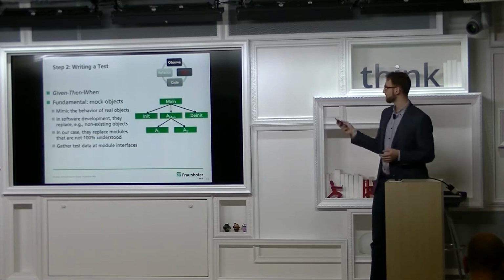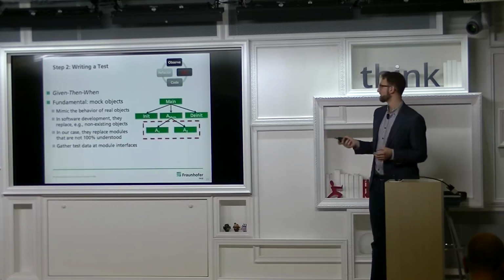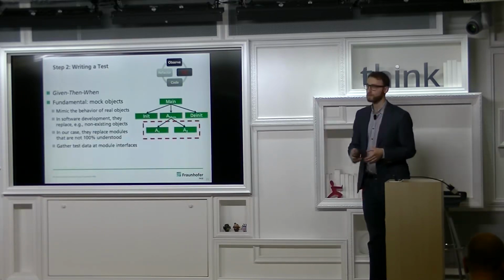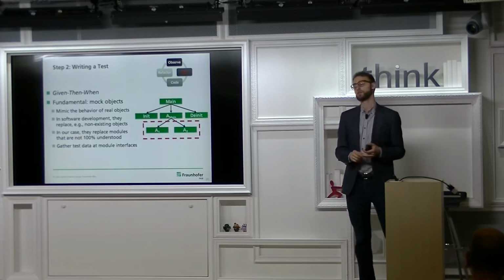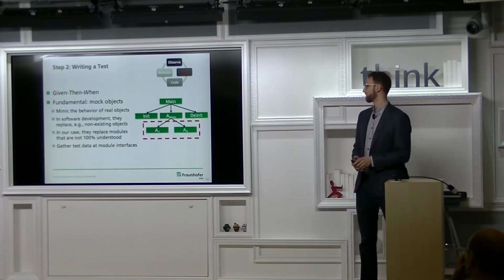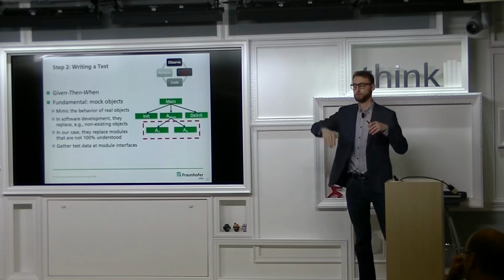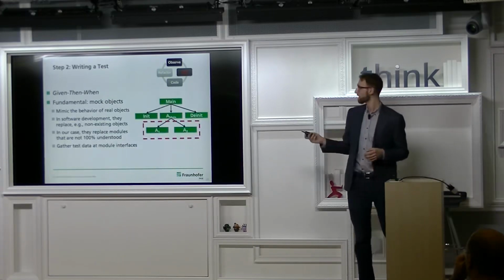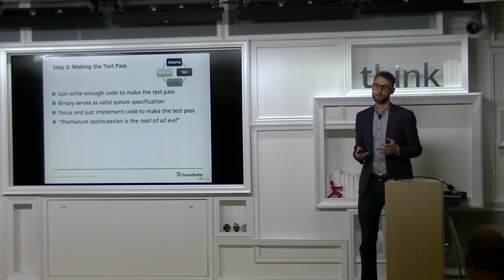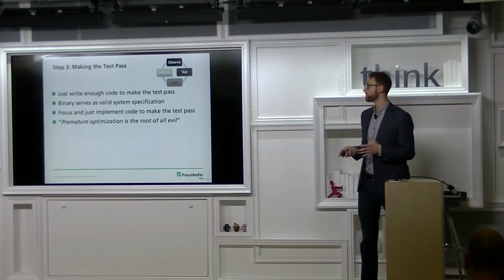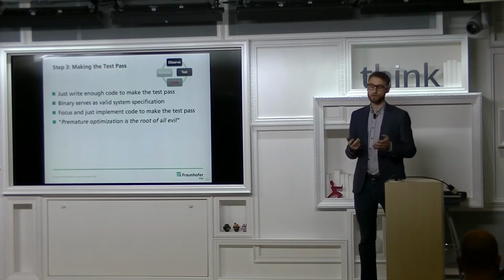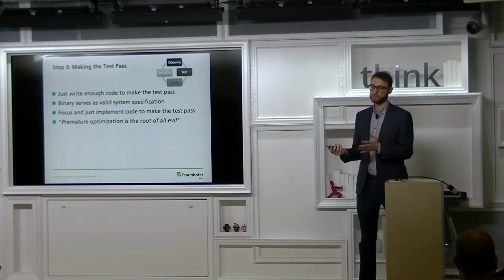When we're implementing a main, we're mocking a1 and a2, and don't deal with them at first. So we're going from the top to the bottom. In the third step, we're trying to make the test for the submodule pass, and write just enough code to do this.